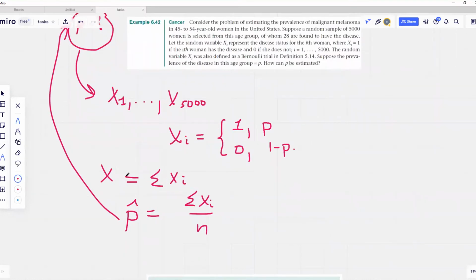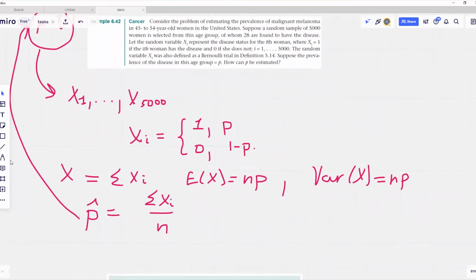So if you recall, for the binomial random variable X, the expected value is equal to np, and the variance is equal to npq, where q is the probability of failure, or q is equal to 1 minus p.